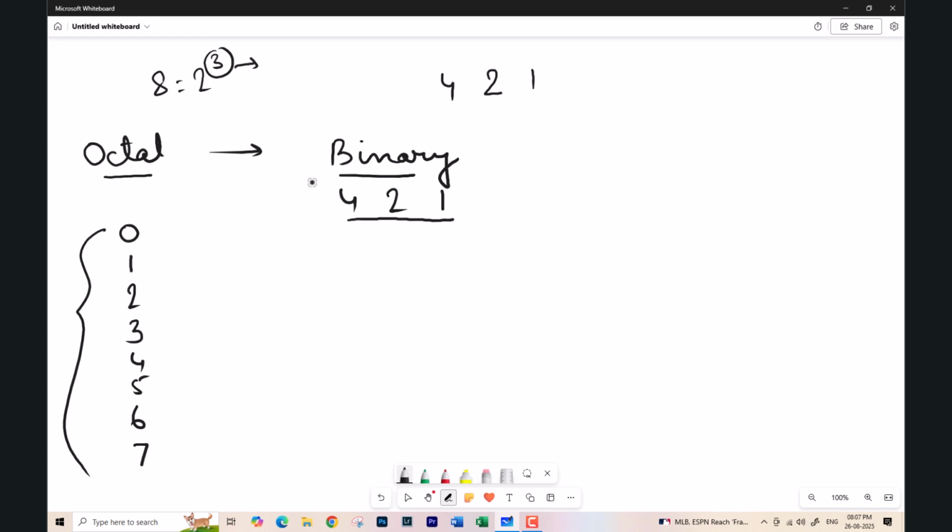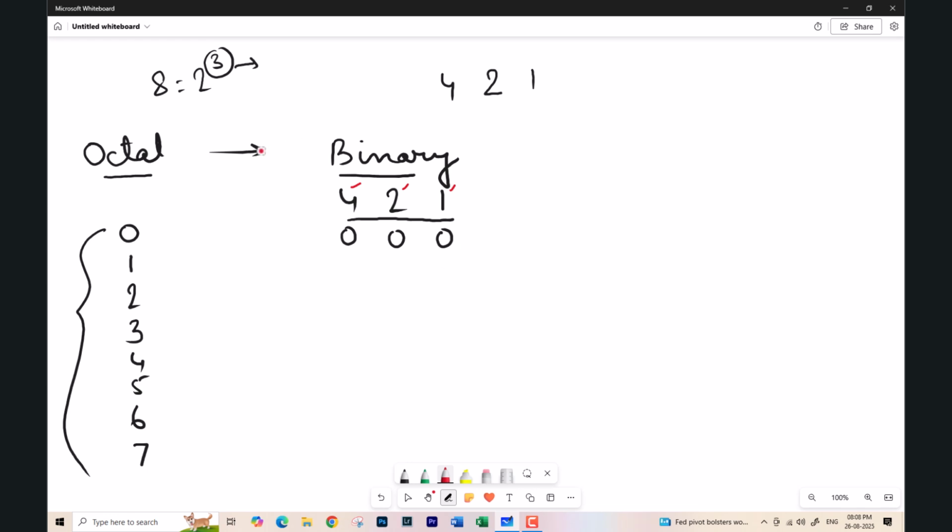Now to represent 0 we simply put 0, 0, 0. Why 0? Because we are not taking any kind of bit. Example, we are not taking 4, we are not taking 2, we are not taking 1.